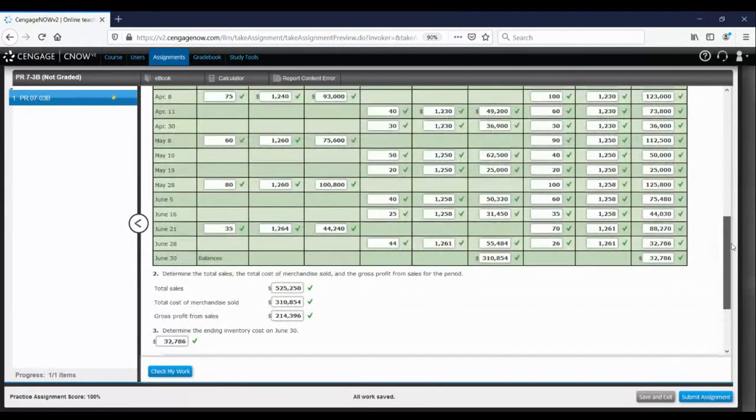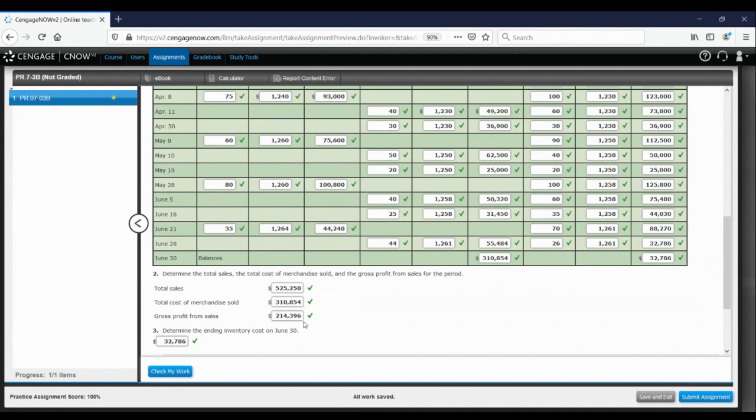Again, if you could go back and look at the other two problems that I completed, the amount of the cost of merchandise sold will fall in between the FIFO and LIFO method and the weighted average method.